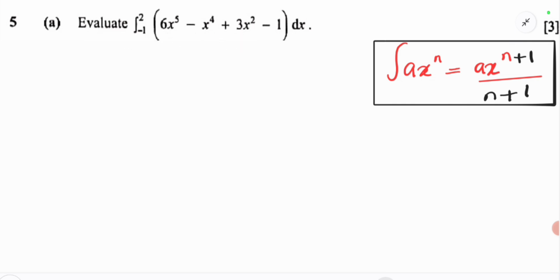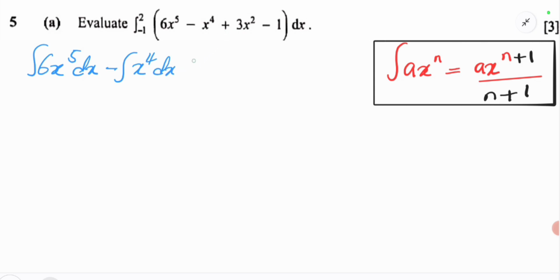So what we are going to do first is integrate this expression which is in the brackets. To evaluate it, we are going to first split the whole expression into simpler parts. So I'll do the integral of 6x to the power 5 dx. There's a minus there, so I say minus the integral of x to the power 4 dx.